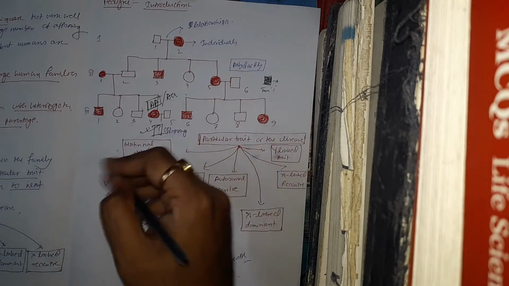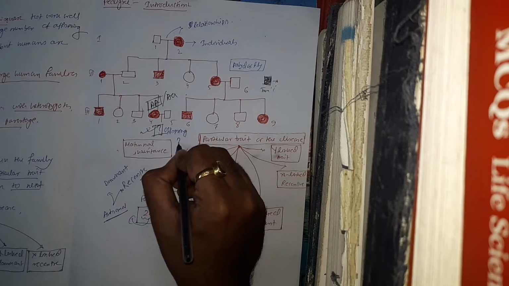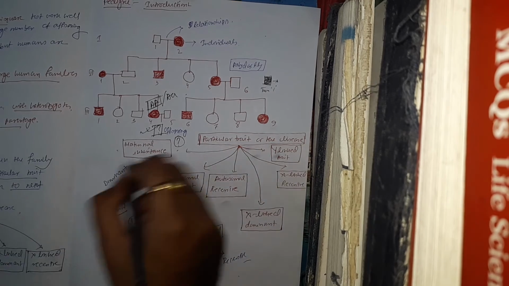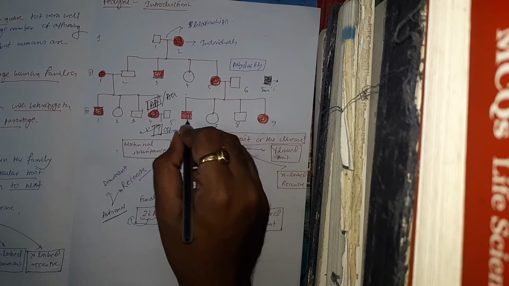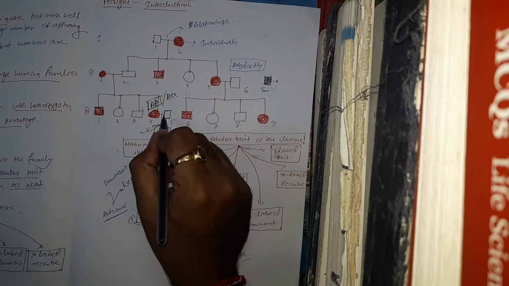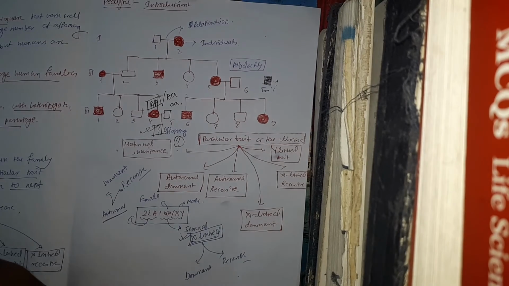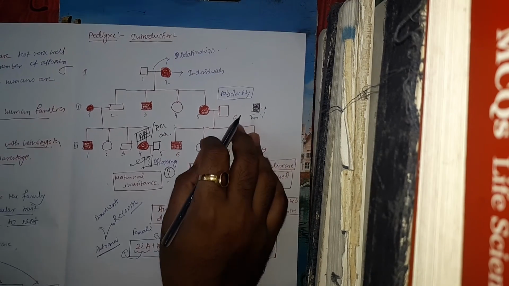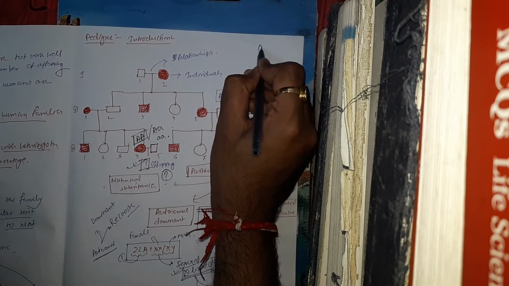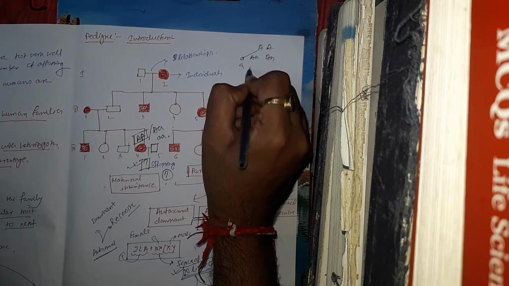I just want to tell you how it is determined what the percentage, or probability, is that the offspring have that particular disease. If this person is not showing the disease, we can simply write it in that way. Now if you have a basic knowledge of the Punnett square, we can simply cross it in such a way.